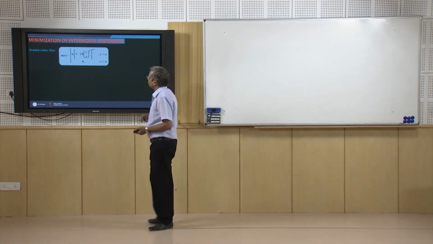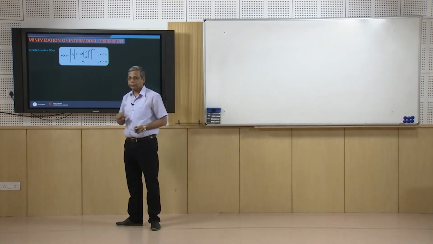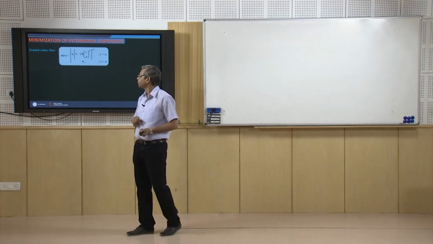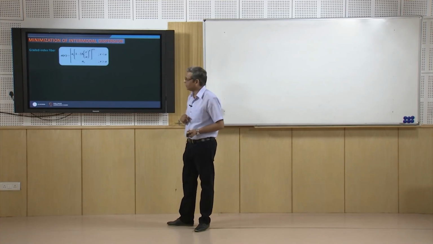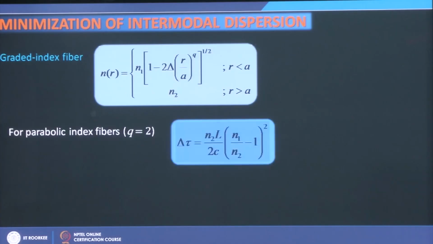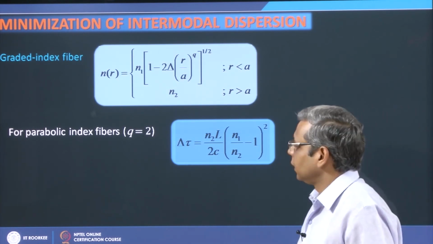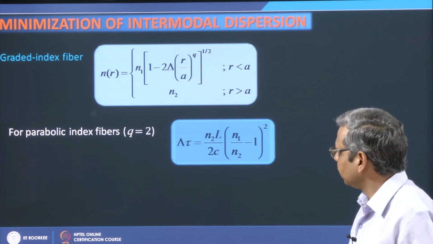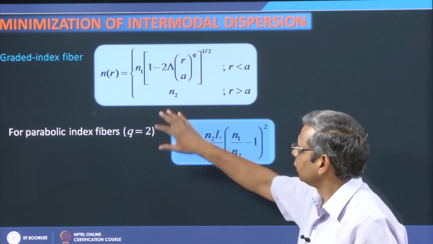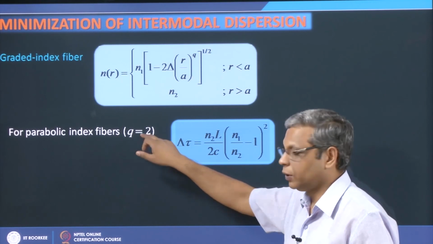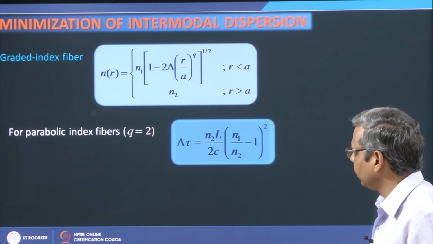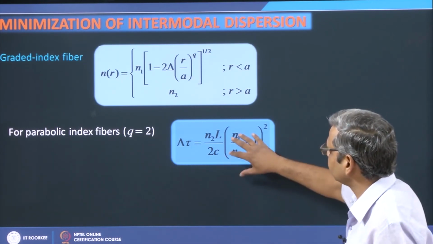If I look at a typical graded index fiber defined by a power law profile, then this is the refractive index variation in the core, and if I find the expression for delta tau for a fiber which corresponds to q equal to 2, called a parabolic index fiber, then delta tau comes out to be like this.